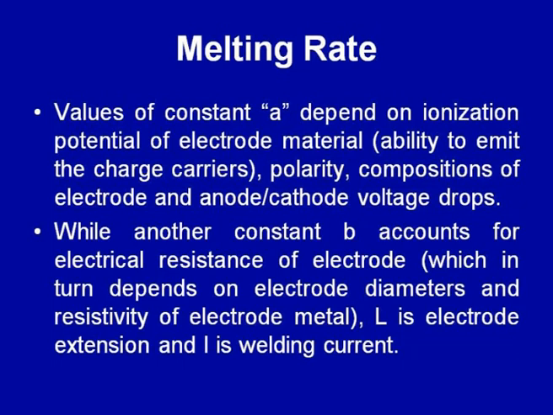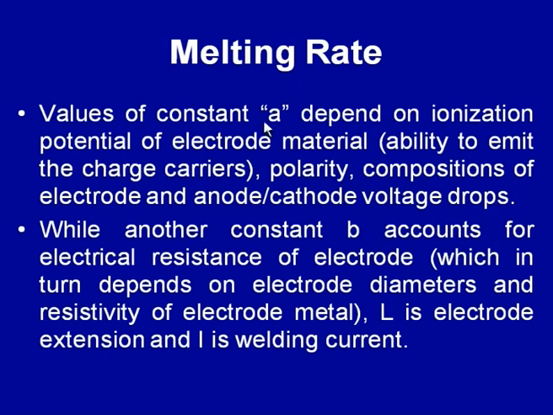So, to take care of the ionization potential of the material, polarity, composition of the electrode, and the anode and cathode voltage drops, the coefficient A is used, and it is multiplied by the welding current.